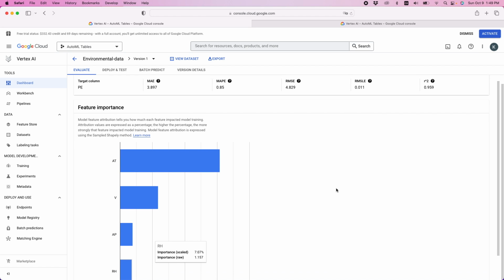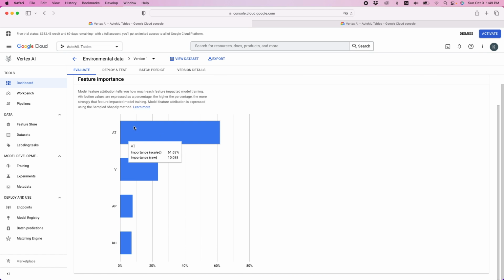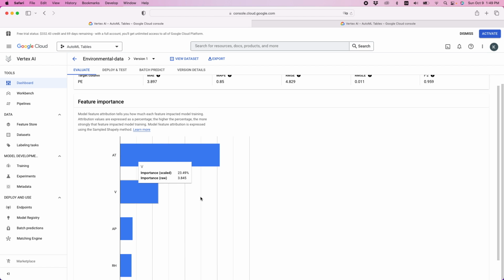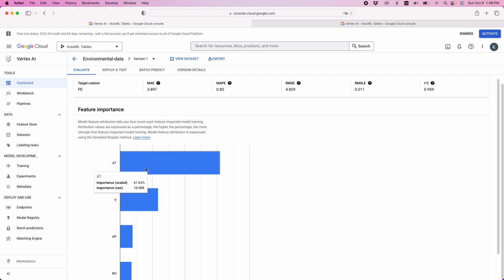So as I mentioned, the first model includes all four features: ambient temperature, exhaust vacuum, ambient pressure, and relative humidity. AutoML predicted that ambient temperature has the highest importance, or 61%, while vacuum exhaust is the second most important feature with 23% of importance.